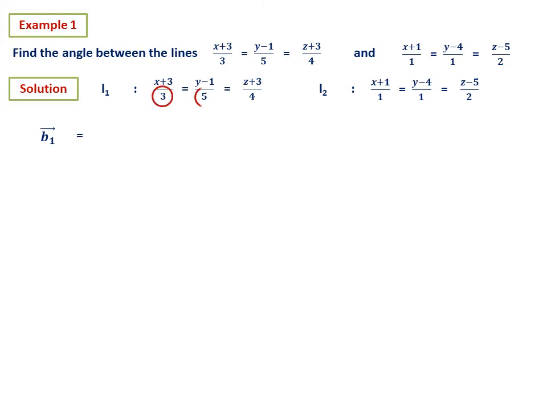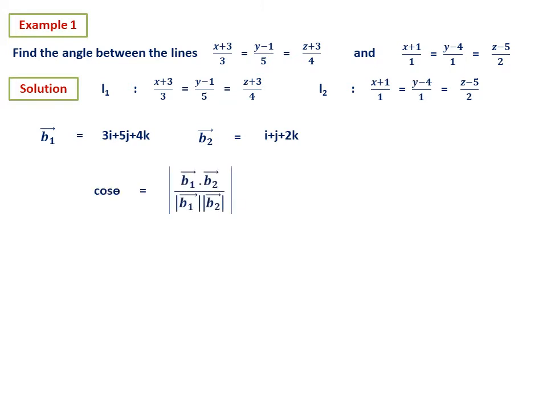Here this is A, this is B, this is C. Therefore B1 will be equal to 3i plus 5j plus 4k. This you have studied in the equation form. Then B2 is exactly the same way. A2, B2, C2 are 1, 1, 2. Therefore B2 is i plus j plus 2k. Once you know B1 and B2, there is no difficulty.